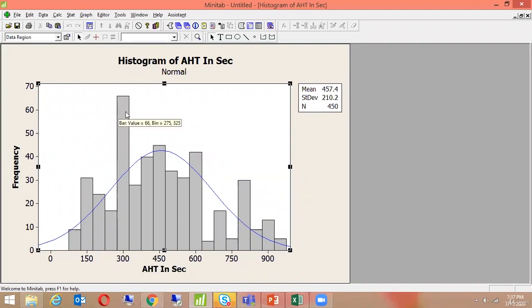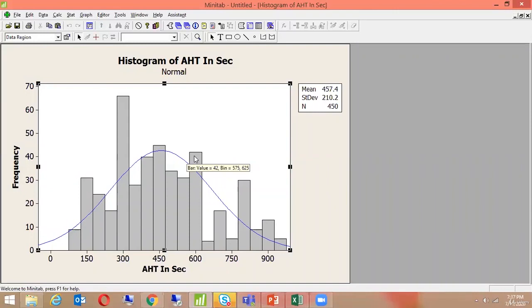So between 275 and 325 AHT, there are 66 occurrences. If I look at this bar, can someone tell me what it says? It says there are 42 occurrences between 575 and 625.